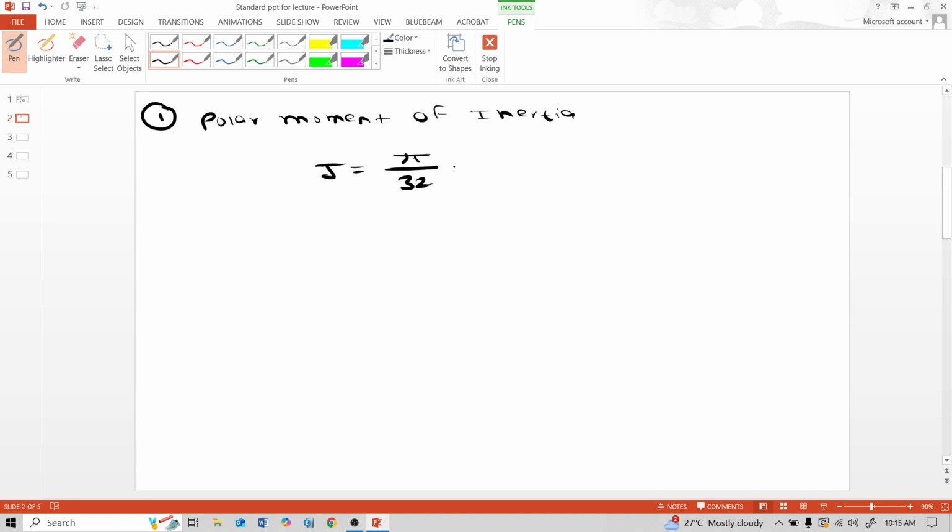Pi by 32 multiplied by external diameter raised to 4 minus internal diameter raised to 4.